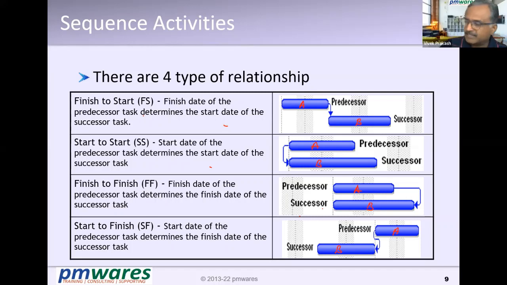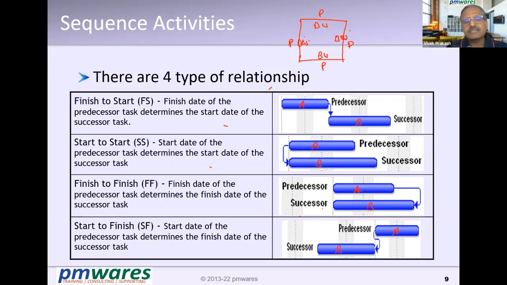Let me put up another example so that it will be even more clear. Suppose you want to construct a room. What do you do? You put up the brickwork and then plaster. As such, you need to do first brickwork and then plaster.